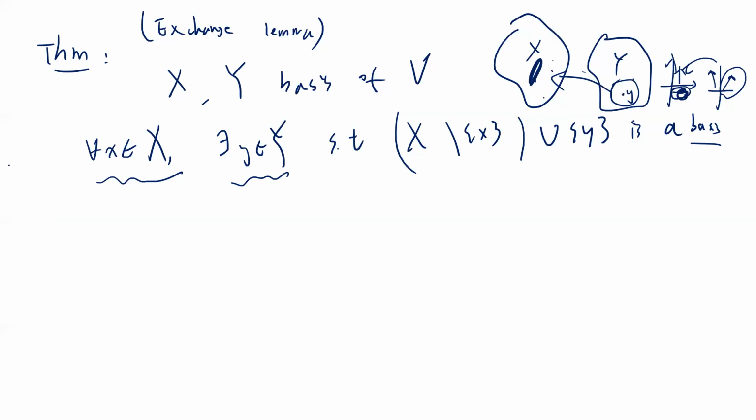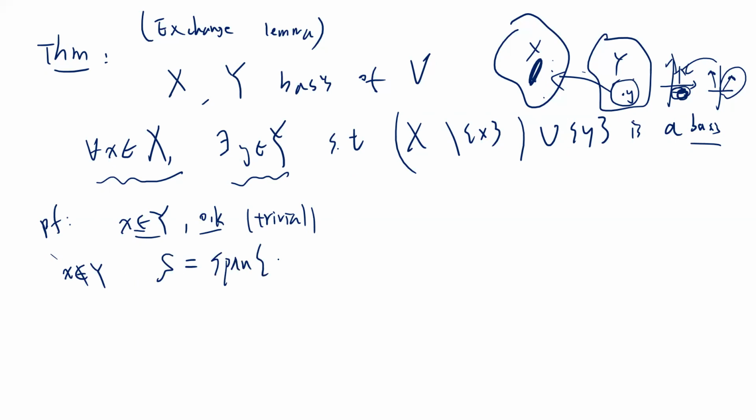Okay, so let's see a proof. The proof is basically: if x belongs to Y, then it's okay, right? Because if x belongs to Y, then I can delete x and add x back. So this is trivial. Okay, so let's assume that the x you pick is not in Y, and let S be the span of X delete x.